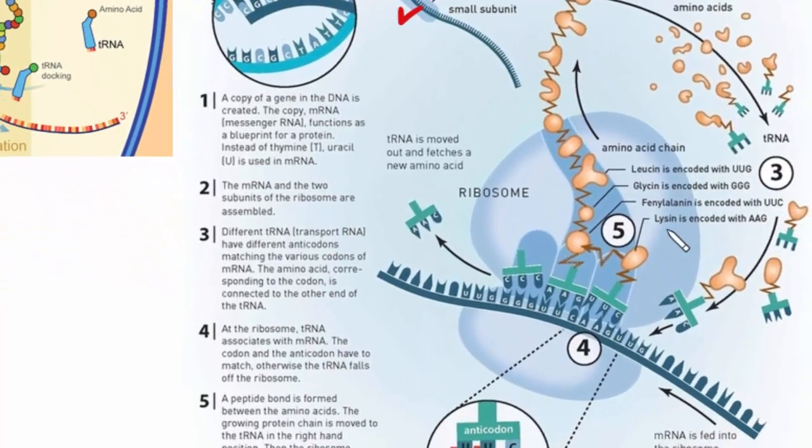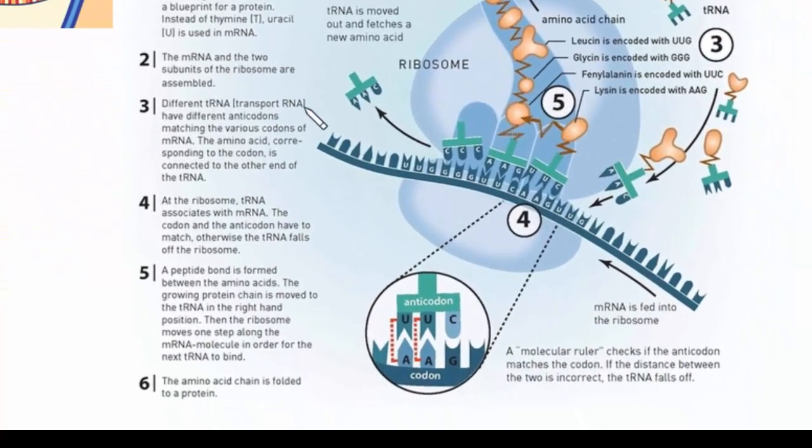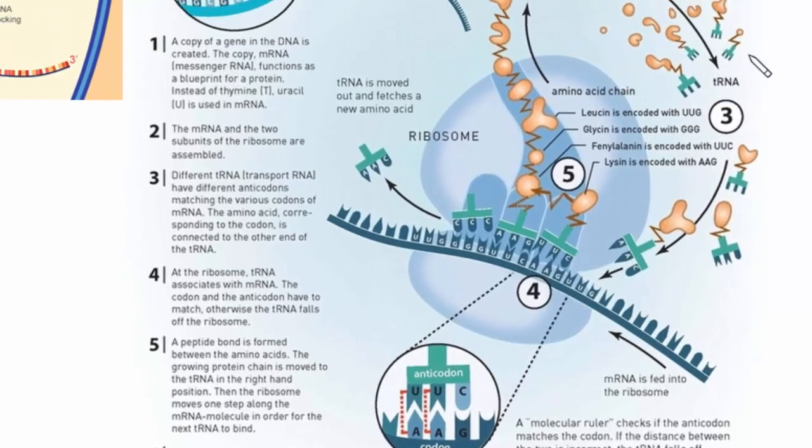initiation phase. And then during the elongation phase, you can see over here, first of all, the tRNAs are carrying the amino acids, so various shapes representing the different amino acids that are possible on transfer RNA.